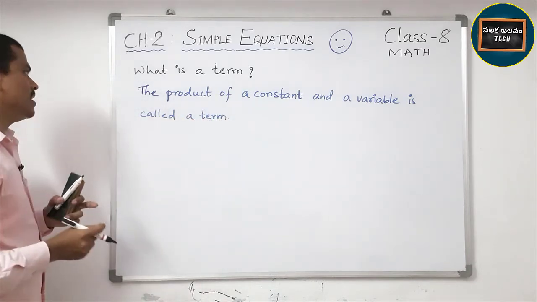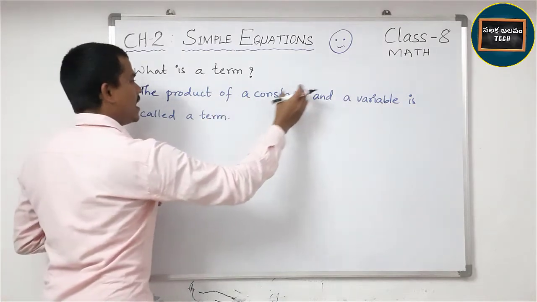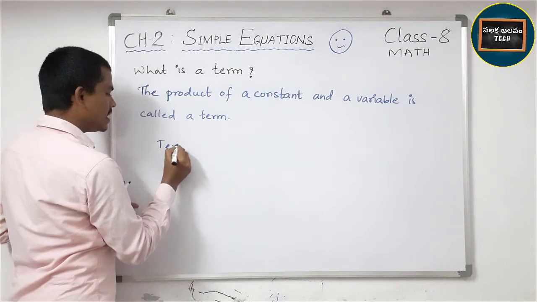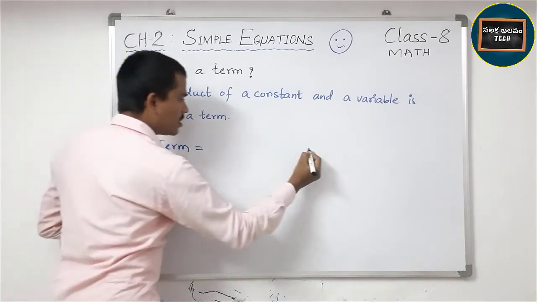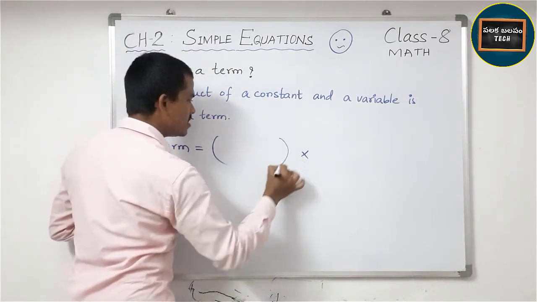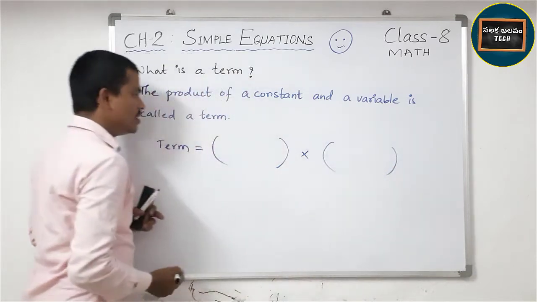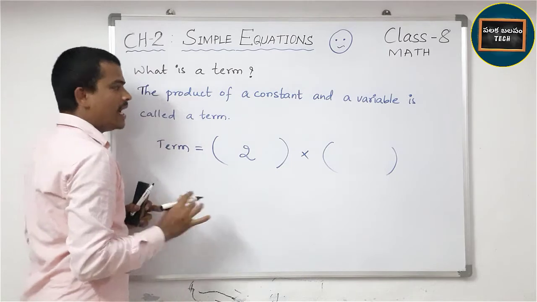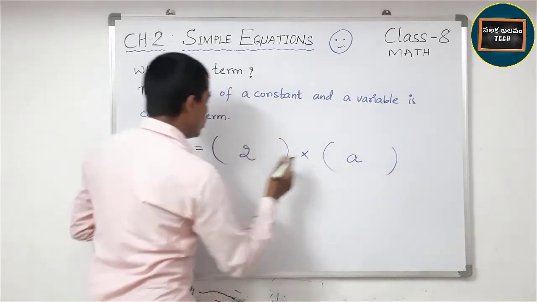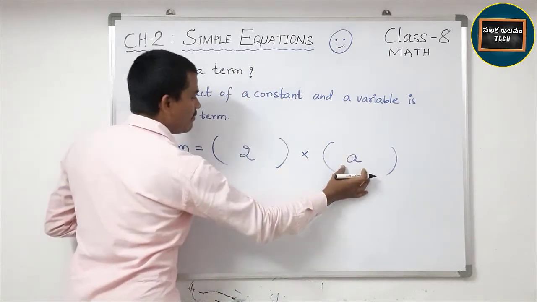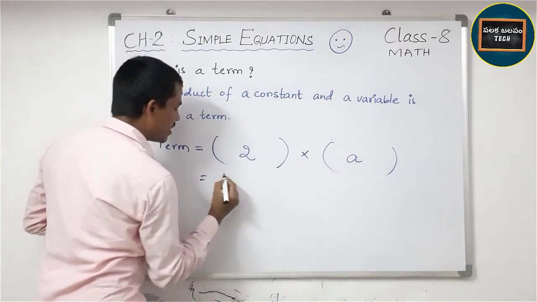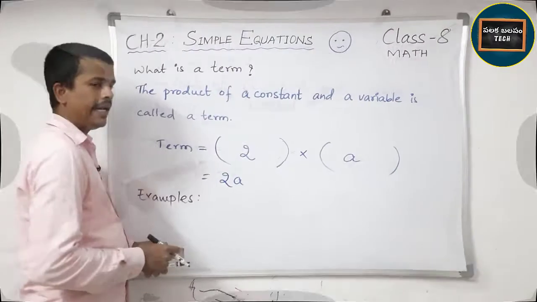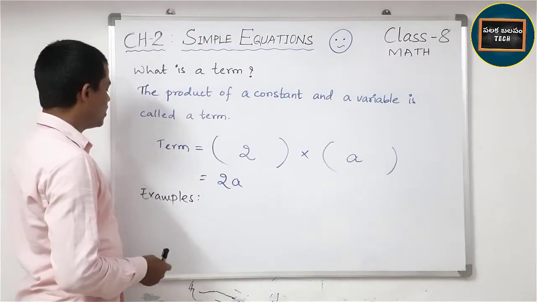So what does it mean? It means that a term can be written as the product of a constant and a variable. So I am taking here the constant as any number, 2, and the variable I am taking as a. So the product of a constant and a variable, that is 2 into a, we can write it as 2a. 2a is called as what? Term.